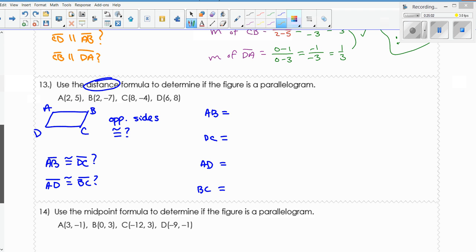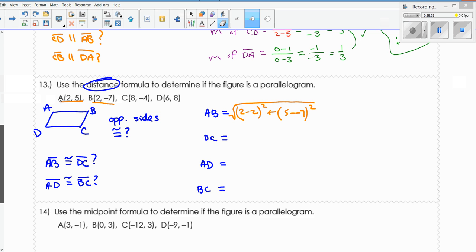AB would be the first two coordinates. Remember, to do distance, we subtract our x's and y's. My x's are 2 and 2, so 2 minus 2 squared, plus my y's are 5 and negative 7, so 5 minus negative 7 squared. Square root of all that. I'm going to leave that and go to the next one.